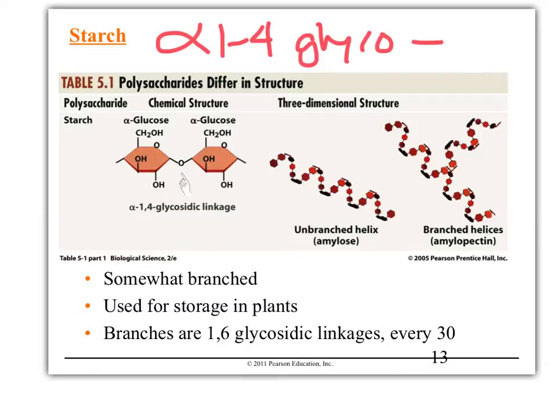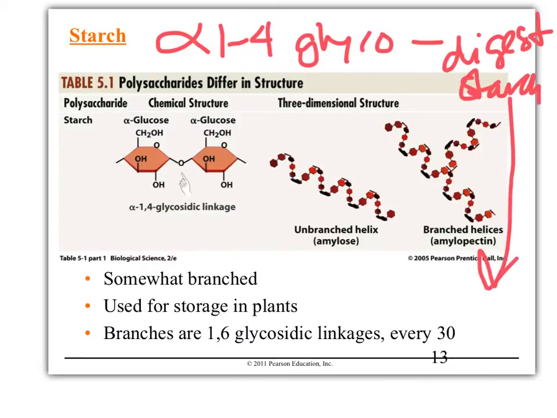So we, as animals in our gut, can digest starch, send it through glycolysis for energy. We can break those bonds. Guess what we can't break? Beta. Why is fiber bulk forming for the feces? Because it's a beta-glycosidic linkage that we can't digest, so it runs through undigested.